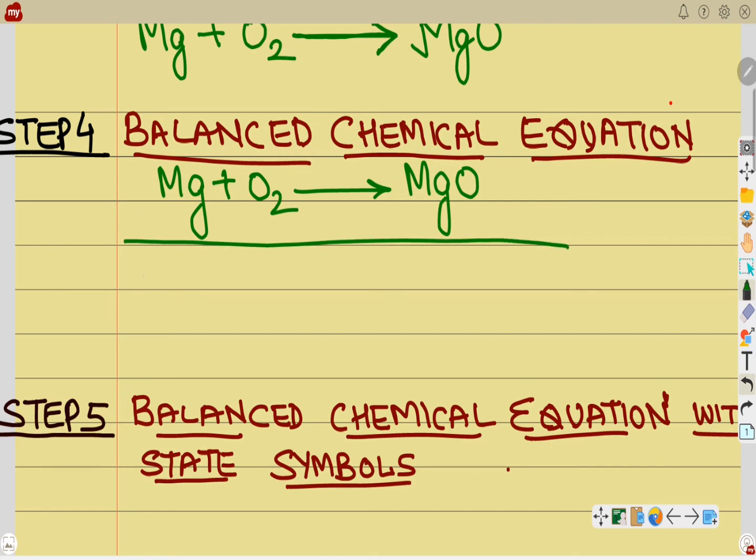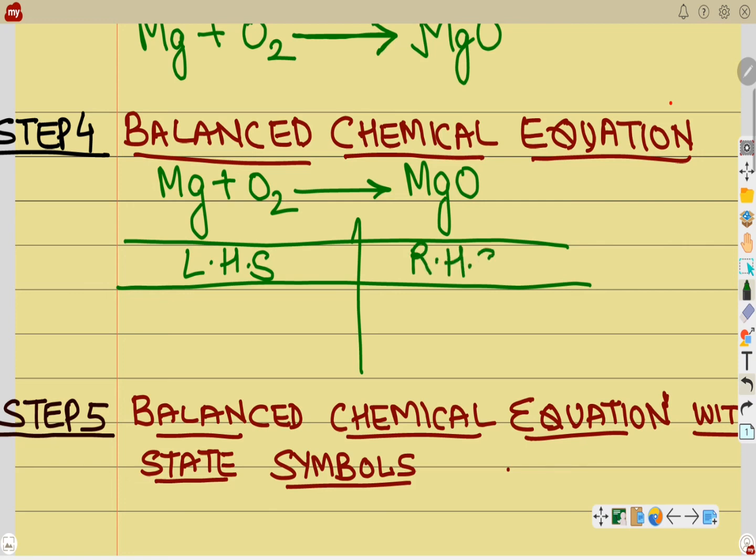On this side, you will write the name of the reactants, here reactants, left hand side, and the number of atoms of the elements on the product side, on the right hand side. Let us see what the elements are: magnesium and oxygen.